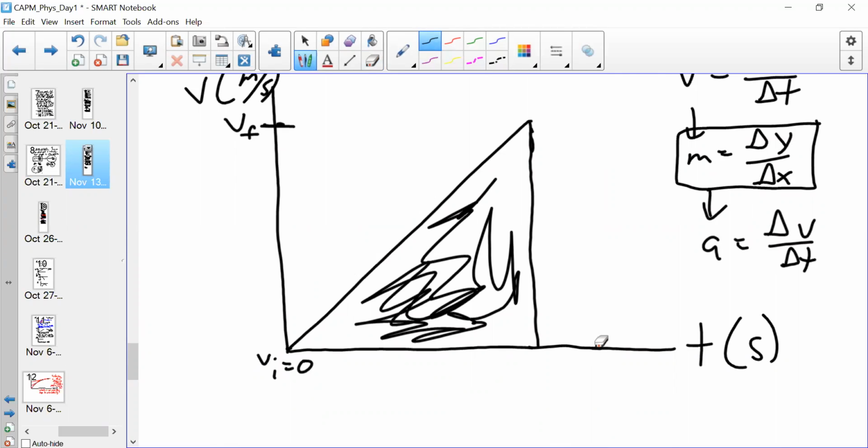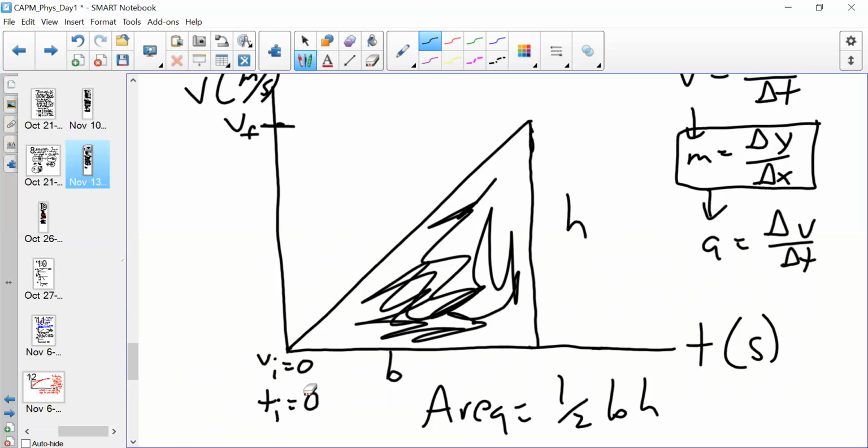So the area of this right triangle will be 1/2 the base times this height. So height here, base there. Now on the x-axis, we're going from initial time equals 0. That's why we had that first point in velocity, 0, 0. Most of our data charts say 0, 0.